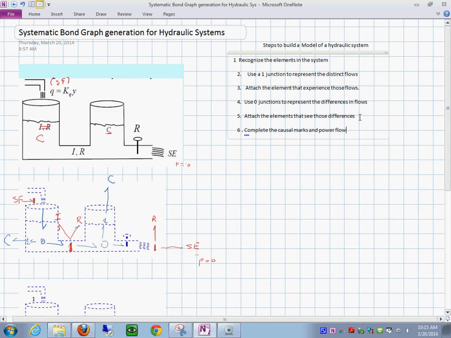Because in here, the way it is, you could go into CAMG and actually enter this bond graph model as it is, because the CAMG software would actually do the numbering and everything for you. But we are going to stop now in the creation of this bond graph model.